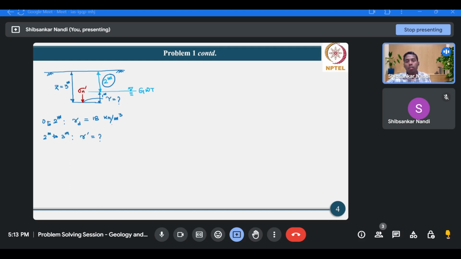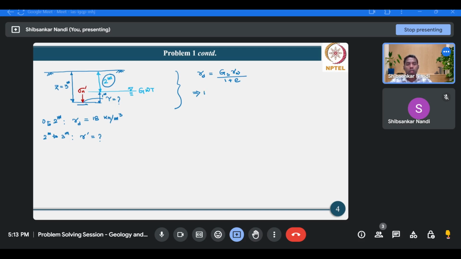Now we'll first use the dry unit weight value to calculate the void ratio of the soil. Since we know gamma D equals Gs gamma w upon 1 plus e, we can calculate the void ratio value from this equation.